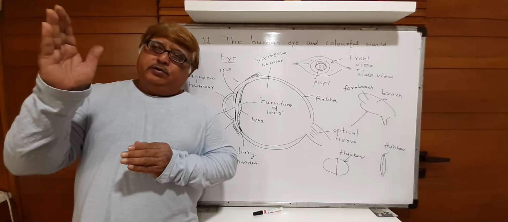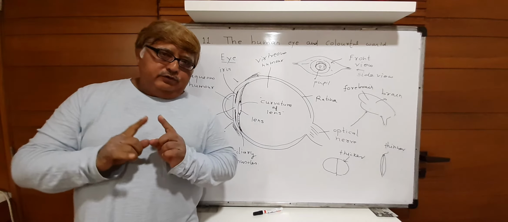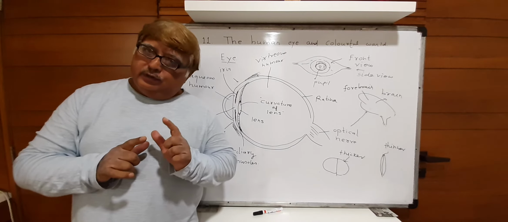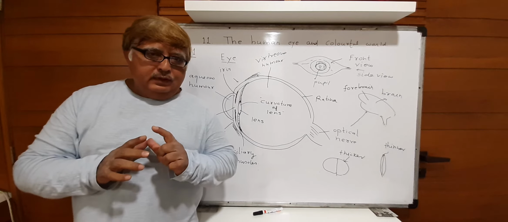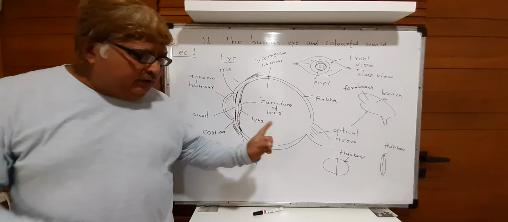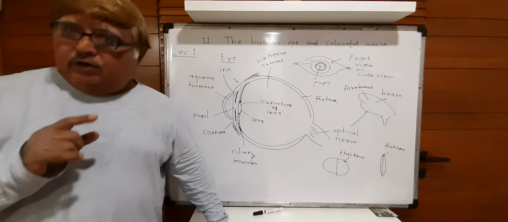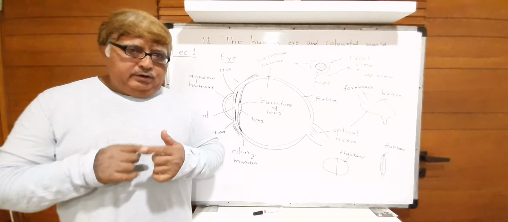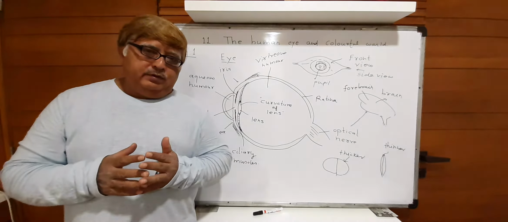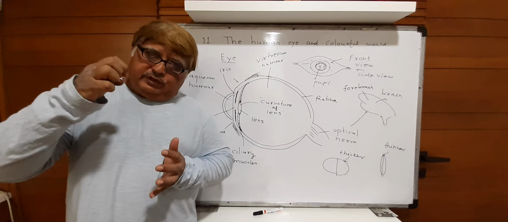Whenever you try to see a far away object, the ciliary muscle relaxes and decreases the curvature of your lens, making it thinner and increasing the focal length, so you are able to visualize the object clearly.